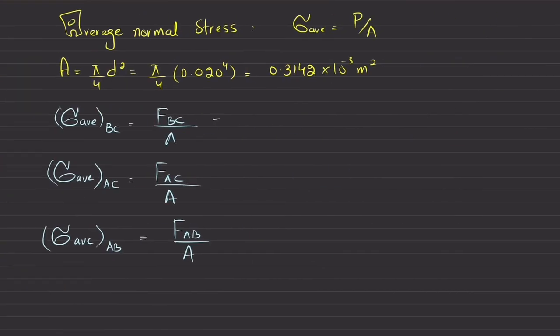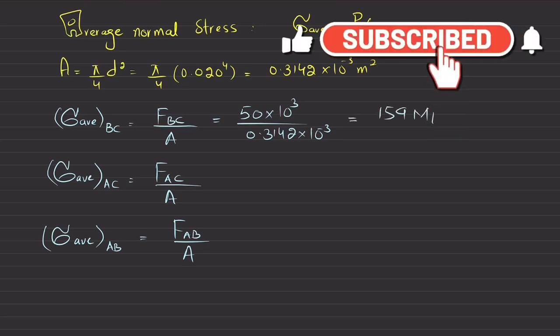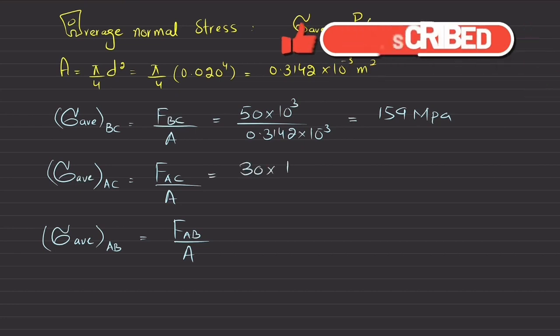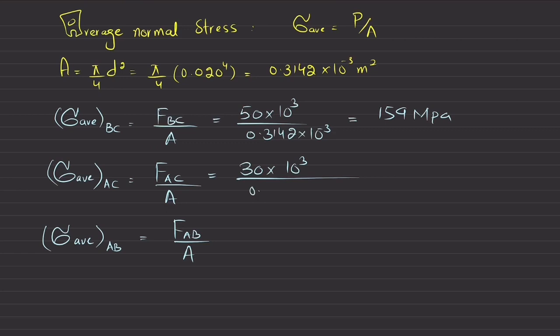So you can put FBC, which was 50 kilonewtons, so 50 into 10 to the power 3 divided by area 0.3142 into 10 to the power minus 3, and that will give you 159 megapascal. Same for FAC, which was 30 kilonewtons: 30 into 10 to the power 3 divided by the area 0.3142 into 10 to the power minus 3, and that will give you 95.5 megapascal.